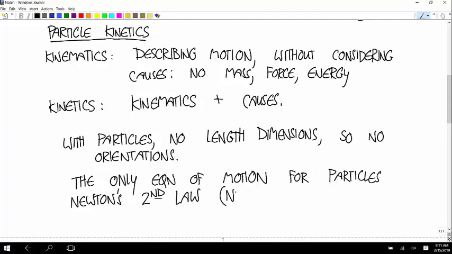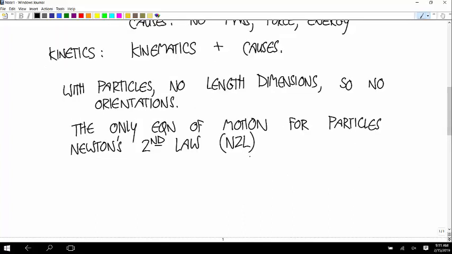I'm going to always abbreviate that N2L. And that says that if you add up all the forces to make F net, all the forces on a chosen object, that's equal to the mass of the chosen object times the acceleration of the object's center of mass.